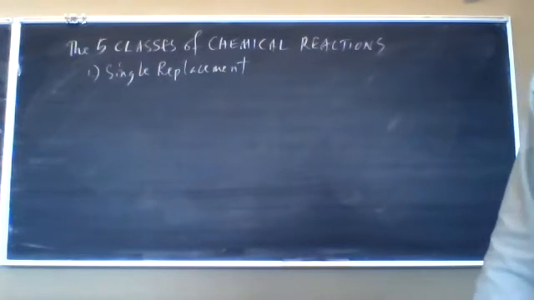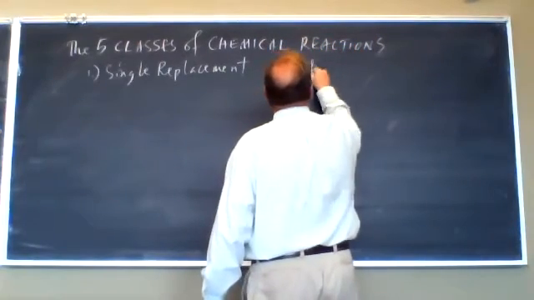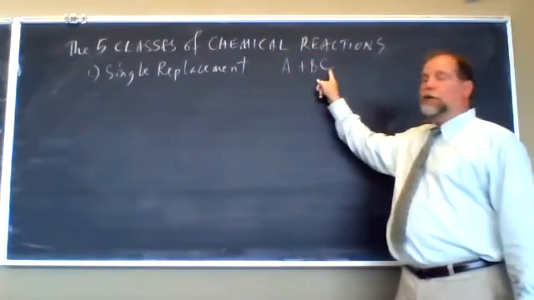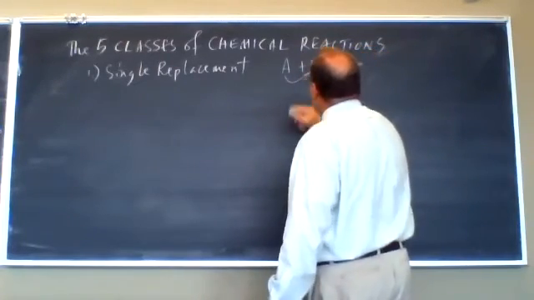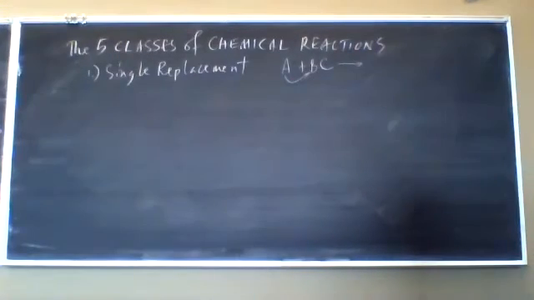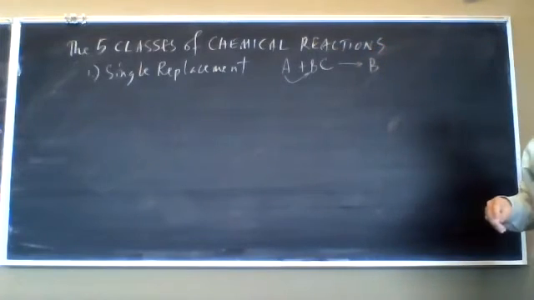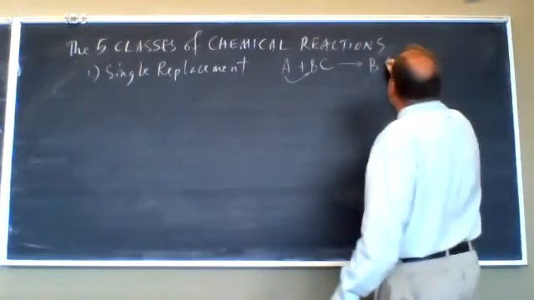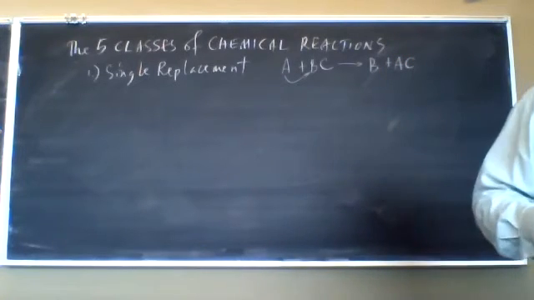They are just any atom type. And so element A, chemical compound BC. And in this reaction, typically A replaces B, single replacement. And so on the product side, B is now by itself.